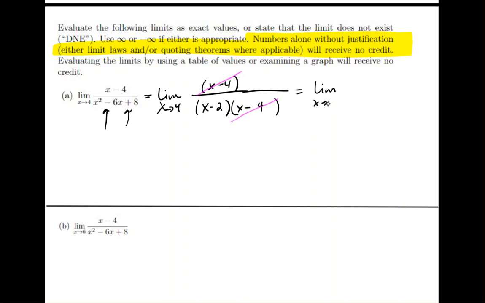And notice I keep writing the limit expression until I'm actually ready to take the limit. So now I'm ready to take the limit, and I could either go through my limit laws, or I could say that this is a continuous function on its domain because it's a rational function whose denominator is not 0. And if you use that reasoning, just write it out briefly. So this is a rational function, polynomial over polynomial.